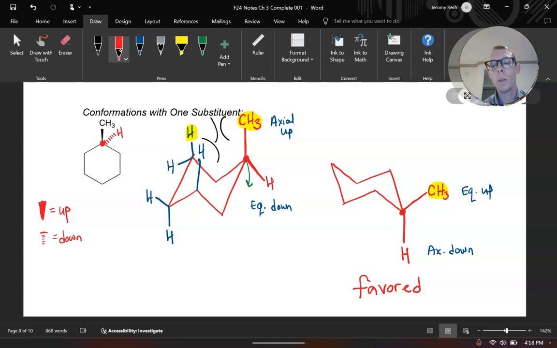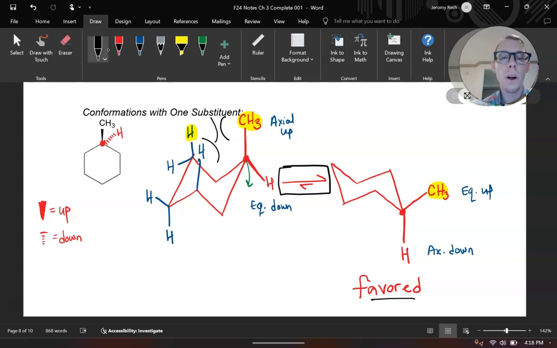And we can show that this is favored through our arrows. For that, we're going to draw a long arrow towards the one that's favored, and then just a short arrow in the opposite direction. And this equilibrium arrow is signifying the same thing as saying the word favored. So overall, these are the two different conformations of our chair structures, and the one on the right is going to be our most stable.